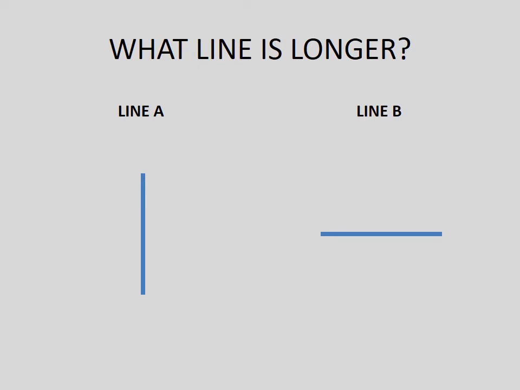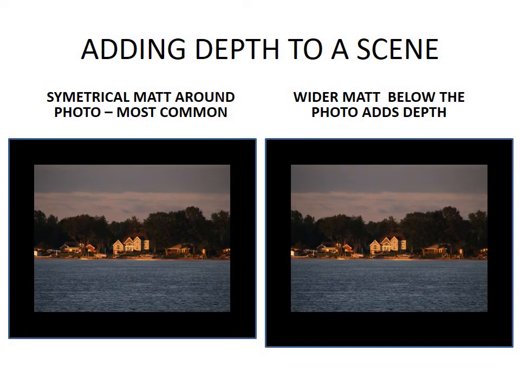Adding depth to a scene can be achieved as shown in the two portraits below. Each portrait has the same dimensions, but the matting on the portrait is different, you will notice.